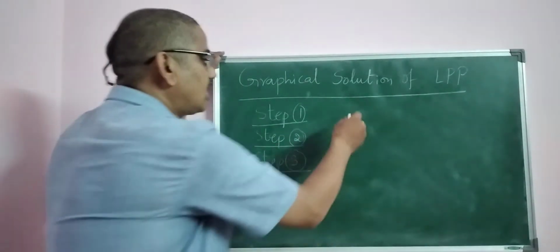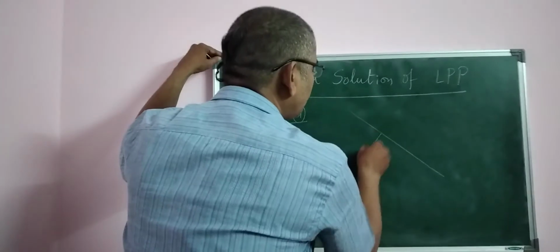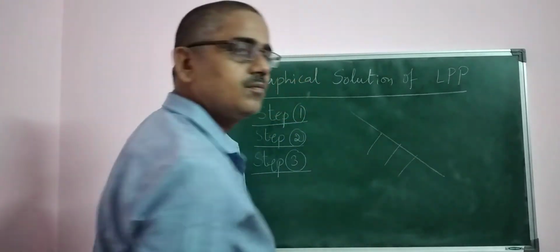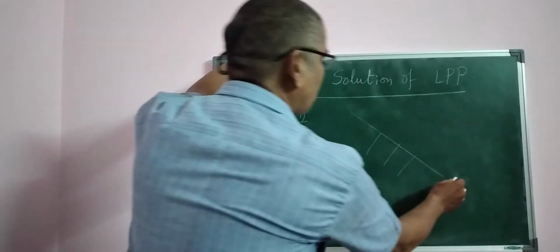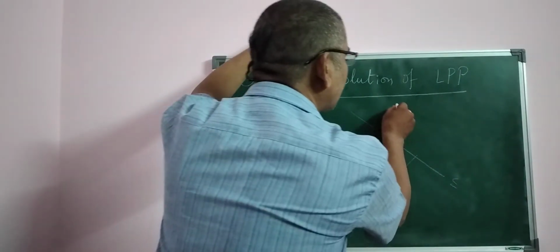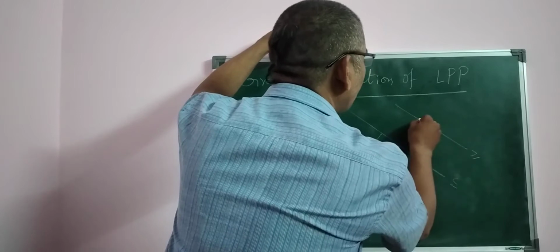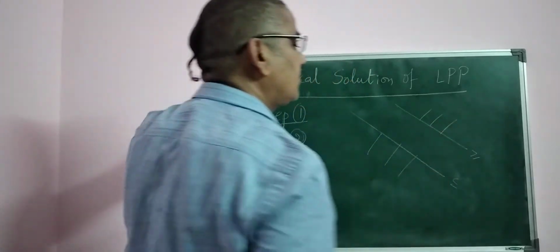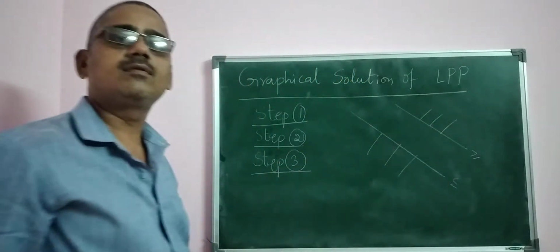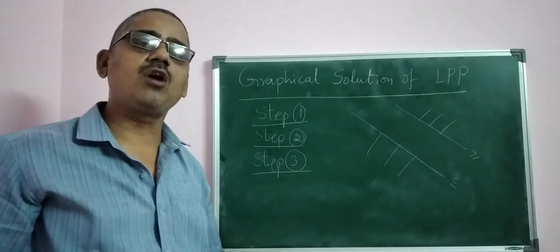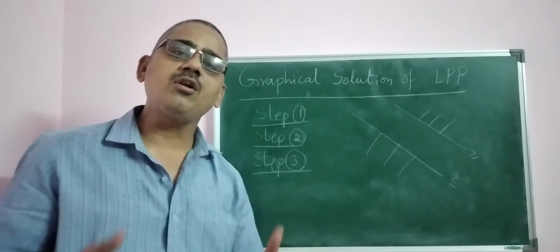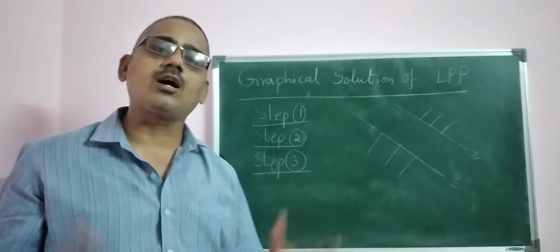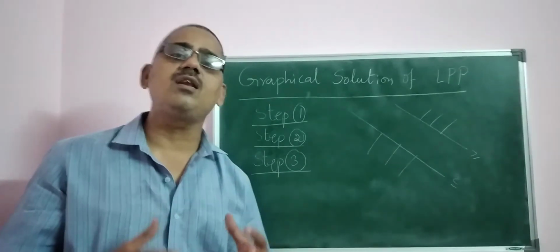For example, this is the line, then you shade this particular part. For a greater than or equal to constraint, you shade the region above the line. Then you get a common region which satisfies all the constraints. It is called the feasible region.